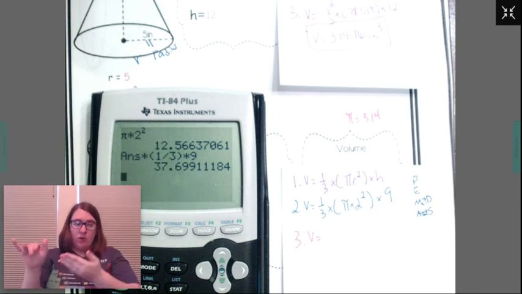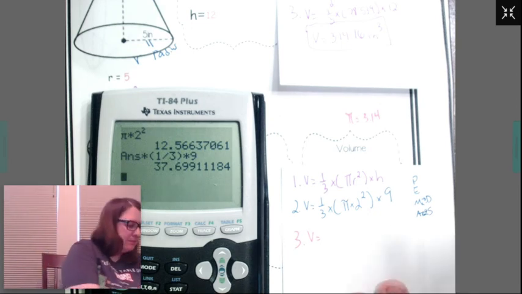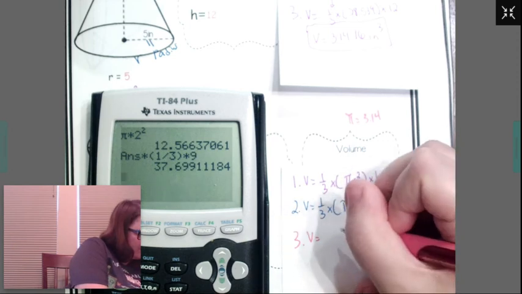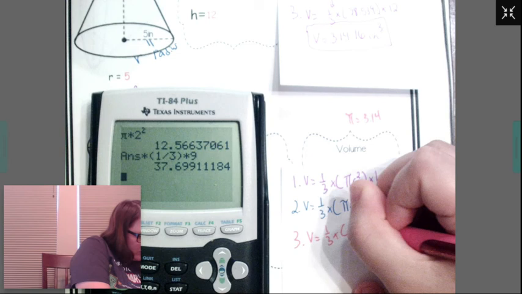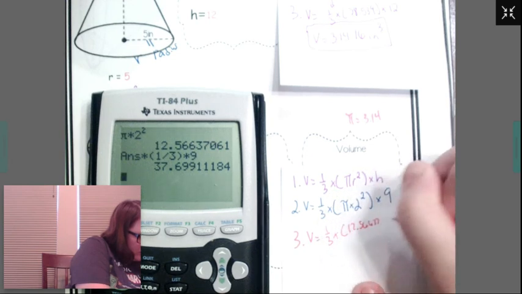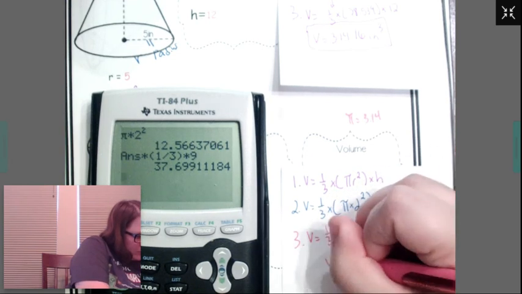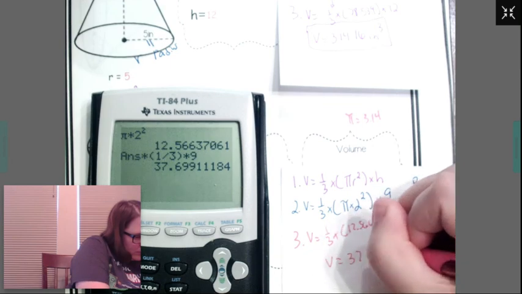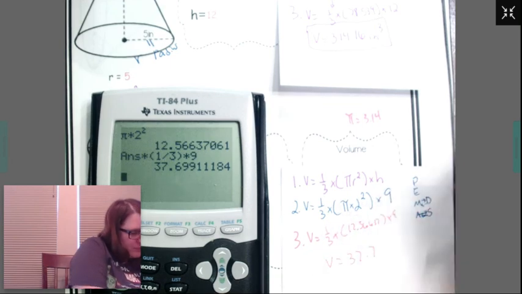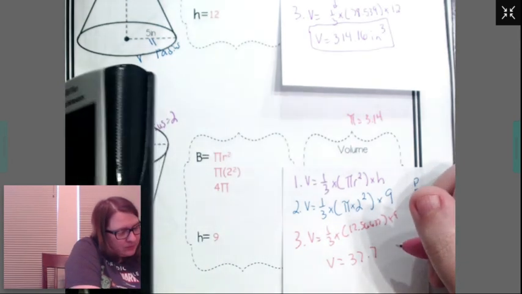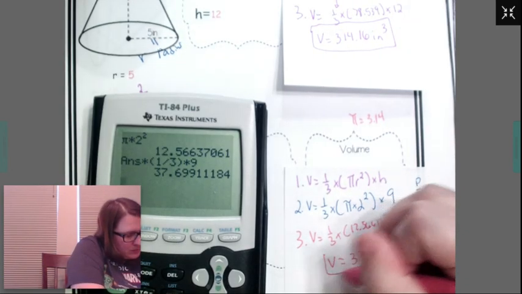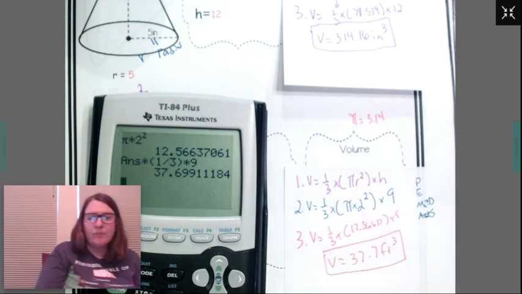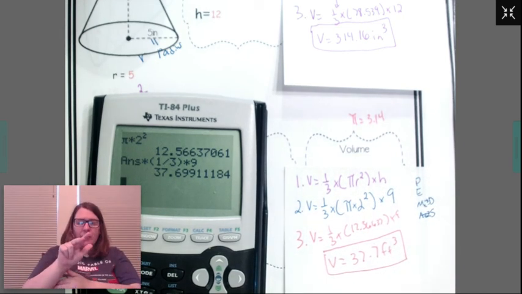So it does its order of operations correctly. So my volume equals 37.7. I rounded.